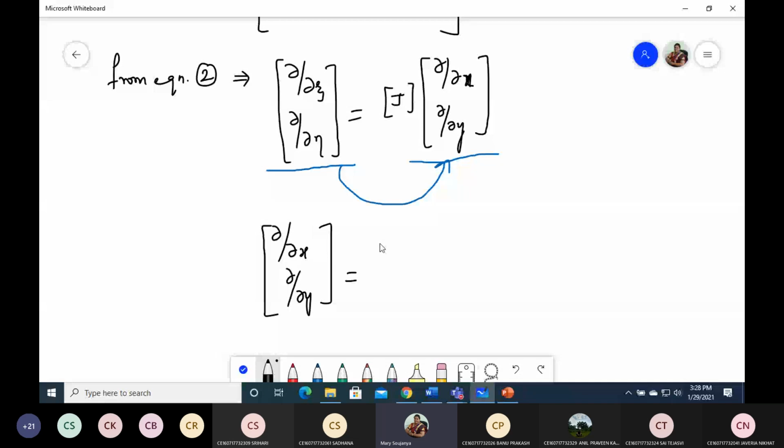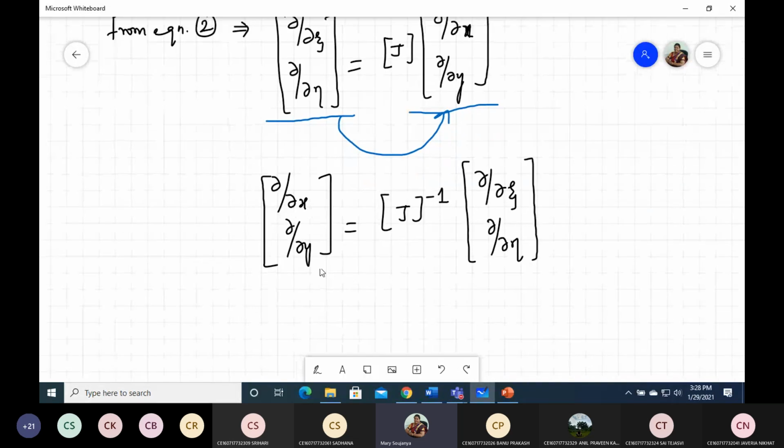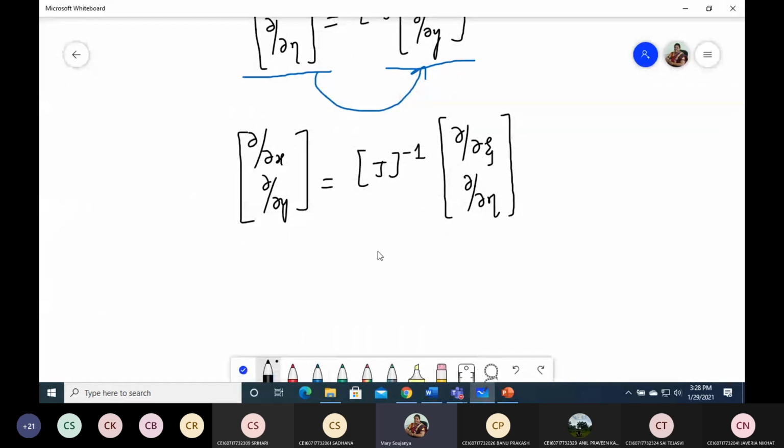Dou by dou x, dou by dou y is equal to J inverse of dou by dou xi, dou by dou eta. Because we have our parent element in xi comma eta, this would be the given data for us.